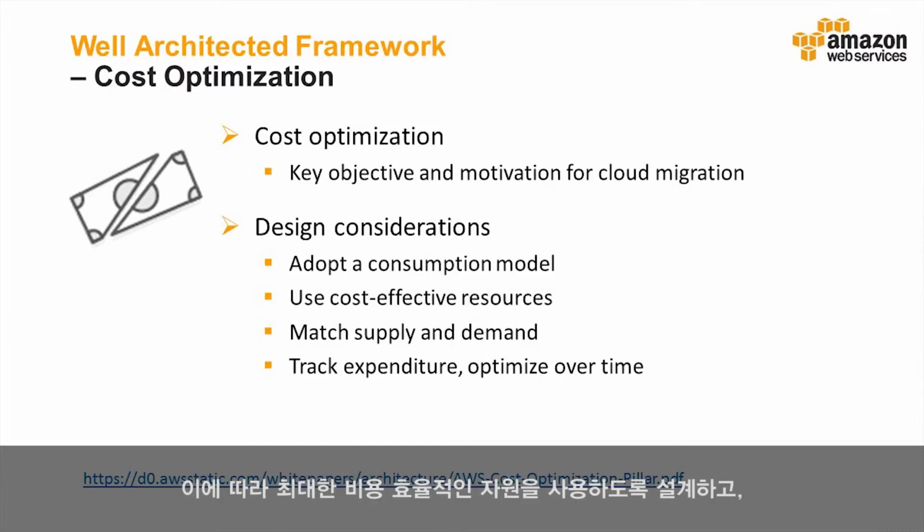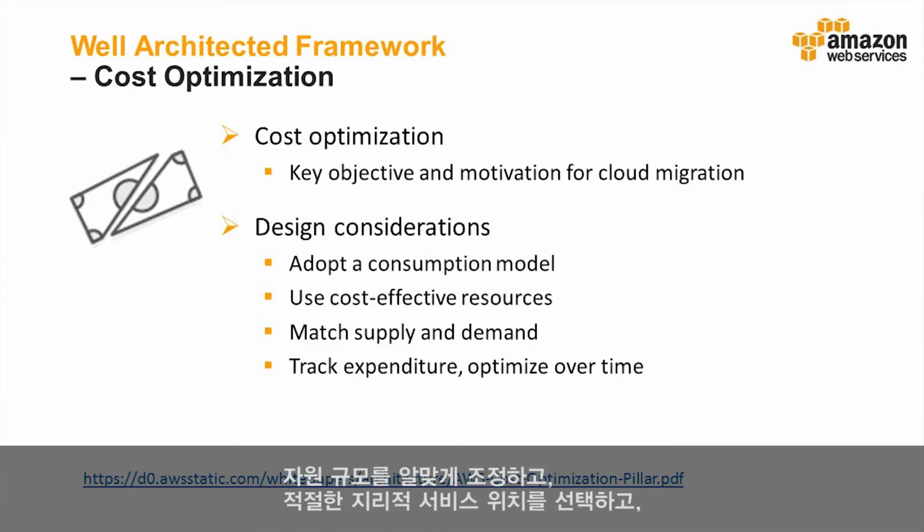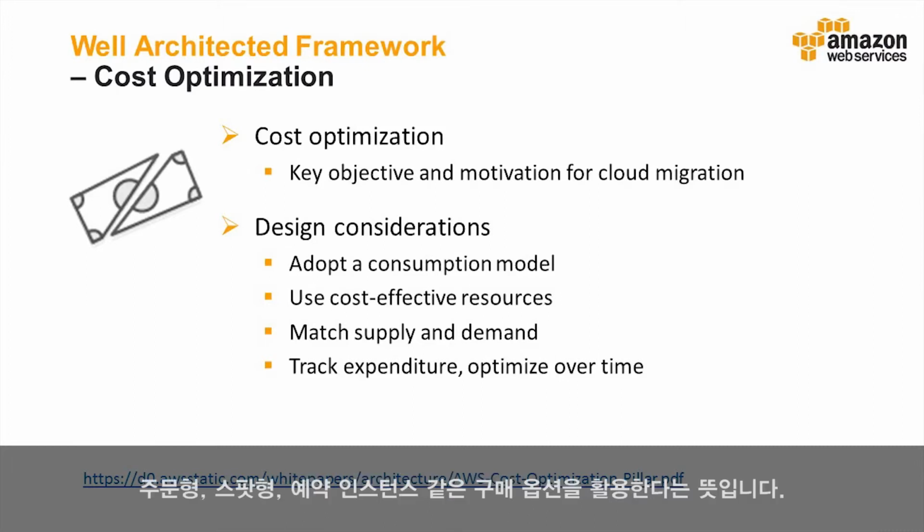With the consumption model in mind, your design shall use cost-effective resources to the maximum extent, which means, for example, right-sizing resources, selecting proper geographic service locations, and leveraging purchasing options, such as on-demand instances, spot instances, and reservations.